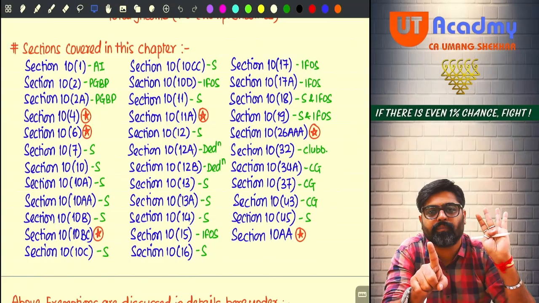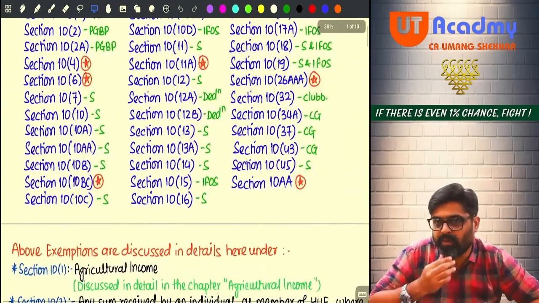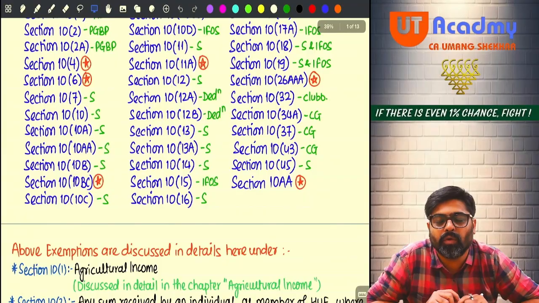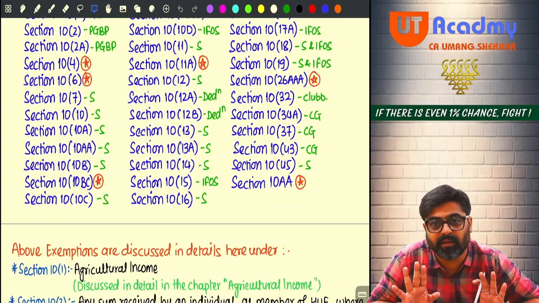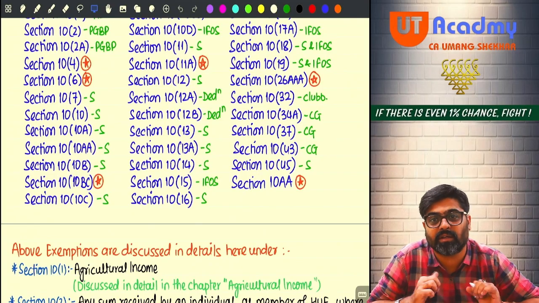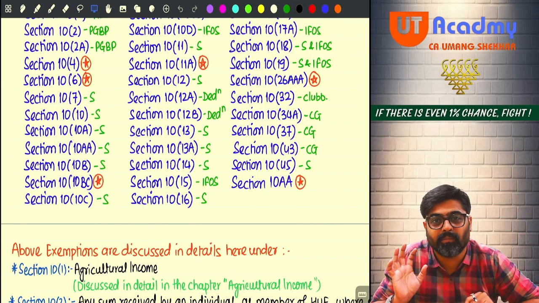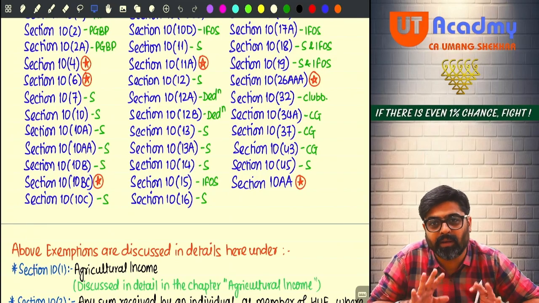Getting my point? And 10.10 BC, compensation. Do you remember compensation on disaster? We were doing the IFOS chapter, and in it there was one small illustration. Some disaster happening, a cloud burst, an aeroplane crash. I gave you these two examples also at that time.